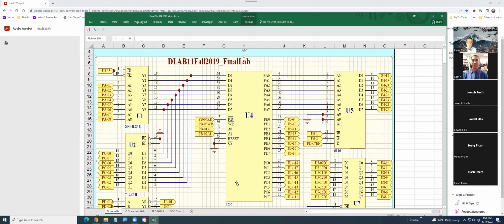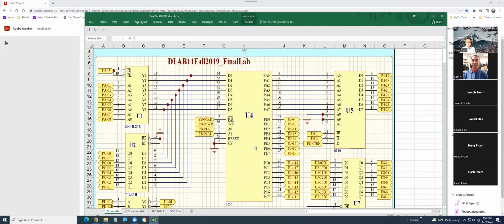If you're looking at IC U4 here, which one is the data bus? What pin is the data bus? You need to talk to me so you understand.